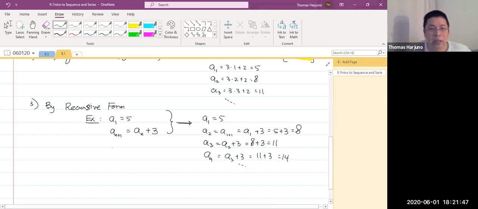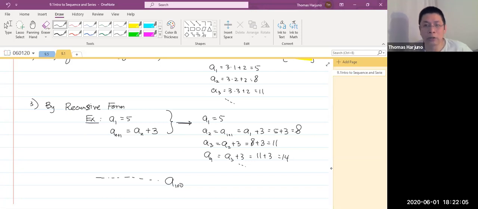So basically, for me to get, let's say, the 100th term, I need to get all the previous terms before I can tell what is the 100th term. Okay? So that's the weakness of recursive form. But recursive form is actually better done using computer. If you have computer, then a lot of program is being done in recursive form.